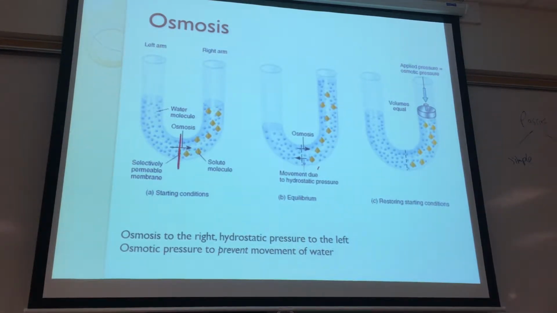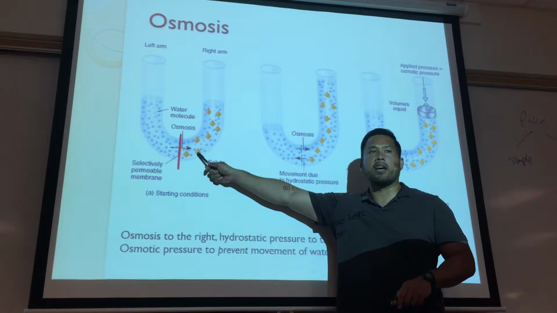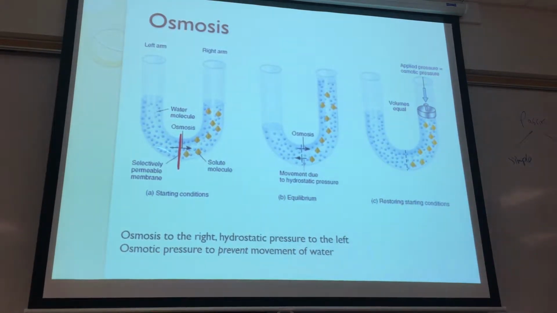It exists right in the center, and it separates the left arm from the right arm. Now, it's permeable to water, meaning water can move in and out, but it's impermeable to the solute. The solute is drawn on here by these yellow diamonds. So the yellow diamonds, or solutes, cannot move through.